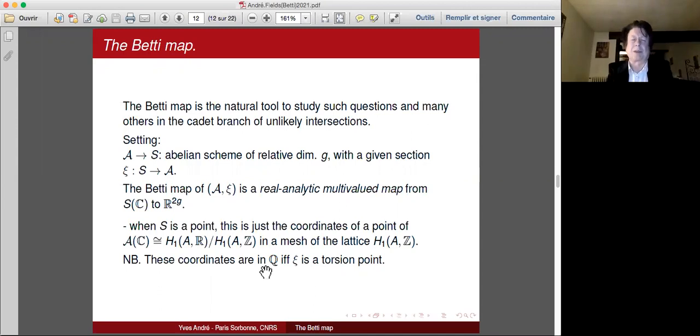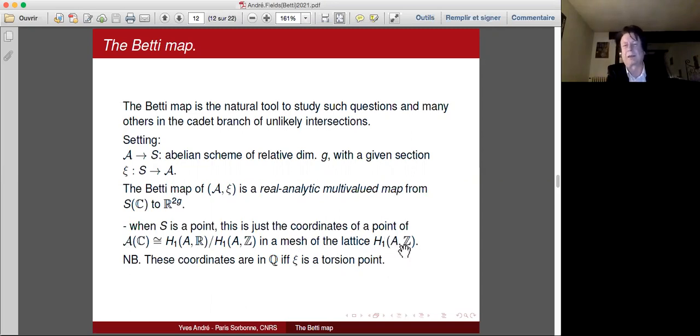So let us start with the simplest case, when S is a point. So when we just have an abelian variety, then this map is just a point in R^2g. And this is just given by the coordinates of a complex point of A, viewed as a torus, in a mesh of the lattice H_1 of A. Of course, this is ill-defined, so this is multi-valued.